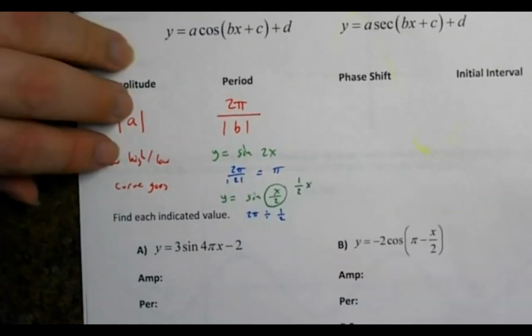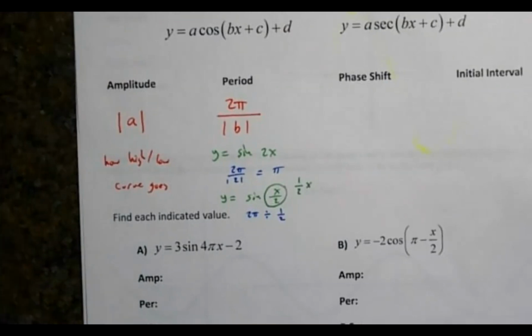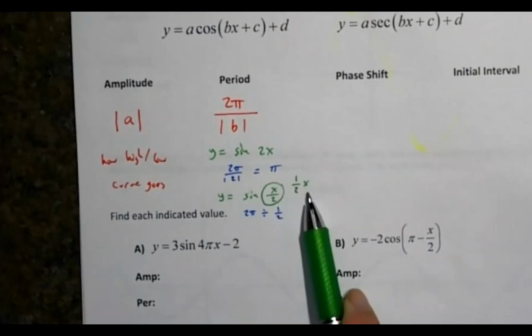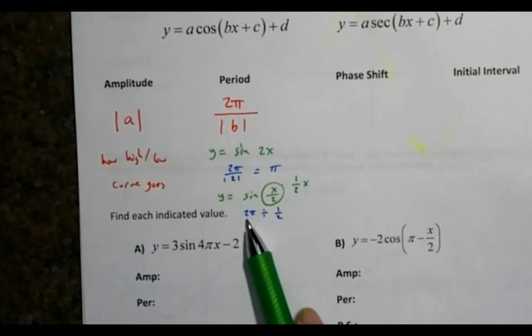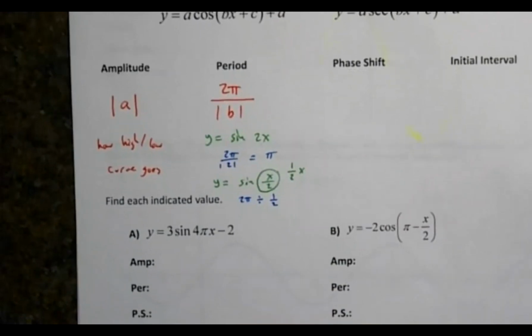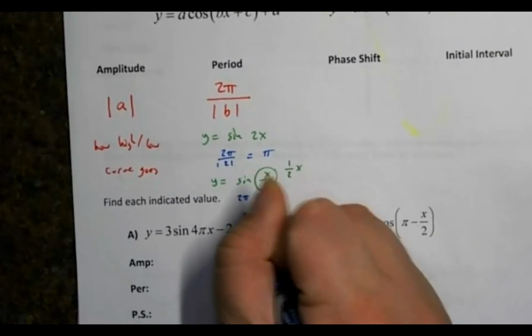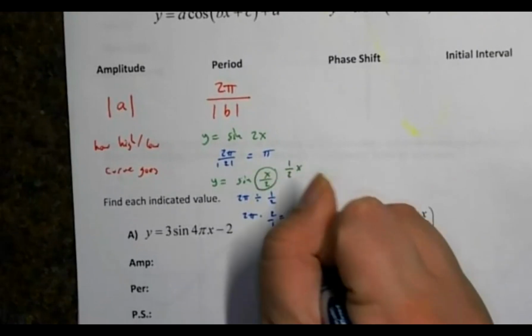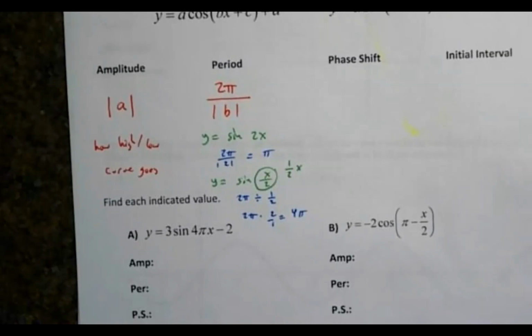Any fraction: if x is over any number, split it apart and put x off to the side. So it's 2 pi divided by 1/2, which becomes multiplication. So this becomes 2 pi times 2 over 1, or 4 pi. Now it's twice as big as it normally would be. Okay.